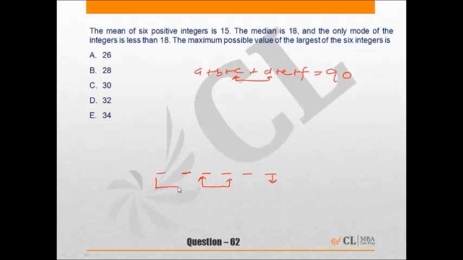So these two terms should not be considered for the mode, and we know that the average of the two integers in this case is 18.